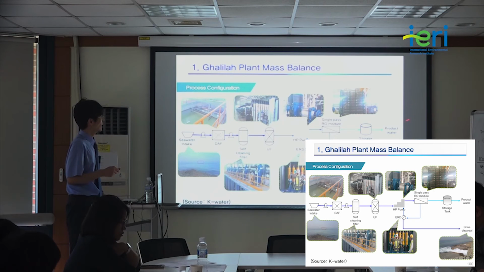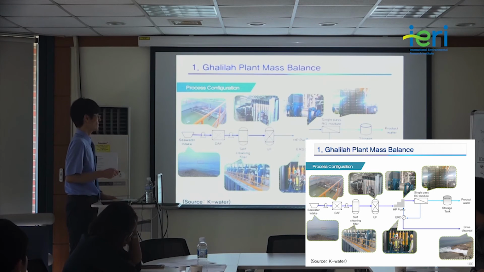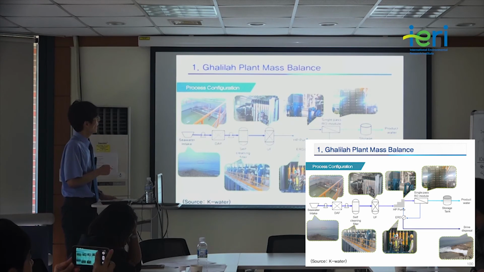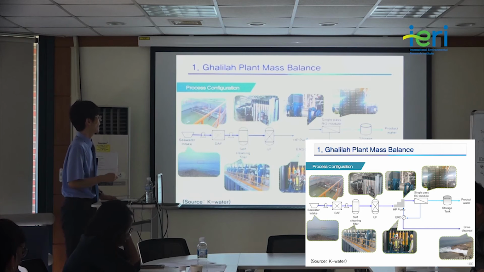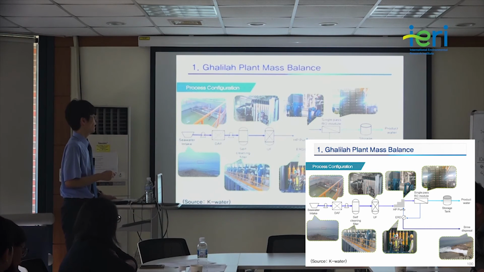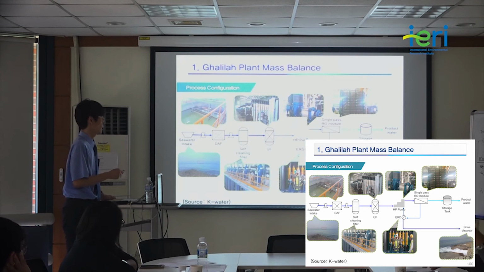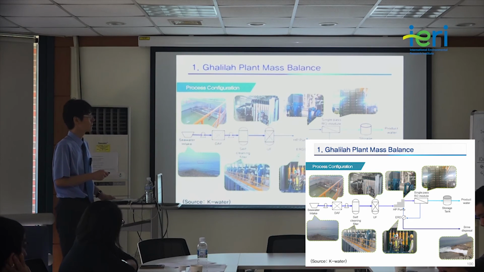In fact, this plant has this kind of configuration. So seawater intake is the starting point, and for handling the algae bloom, they have dissolved air flotation and some type of filter and ultrafiltration and the single phase reverse osmosis membrane system.